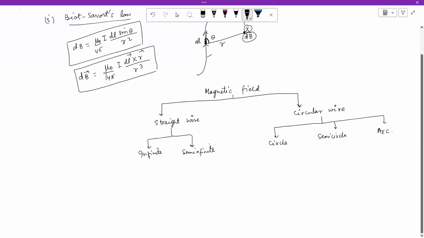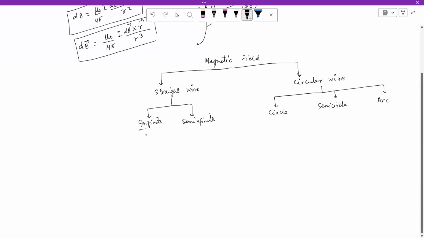So the infinite wire has magnetic field mu naught I by 2 pi R. This one has magnetic field mu naught I by 4 pi R. This one has magnetic field mu naught I by 2R.